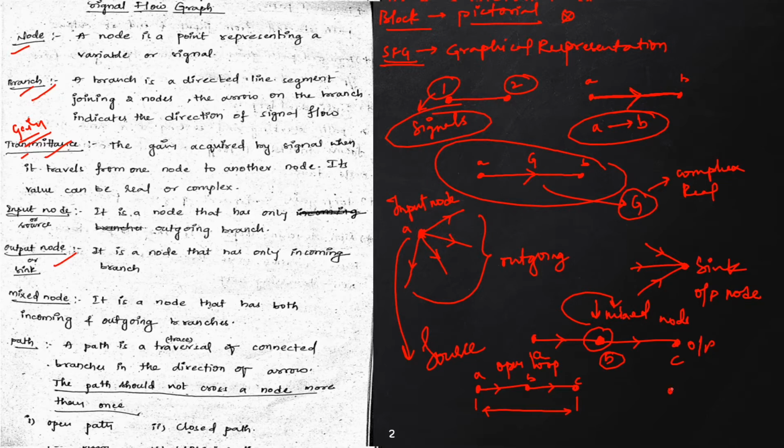Coming to closed loop path, suppose like this, wherever it has started, if it ends at that same particular place, then we call it a closed loop path. This is the open loop, this is the closed loop, because it has ended at the same place where it has started.